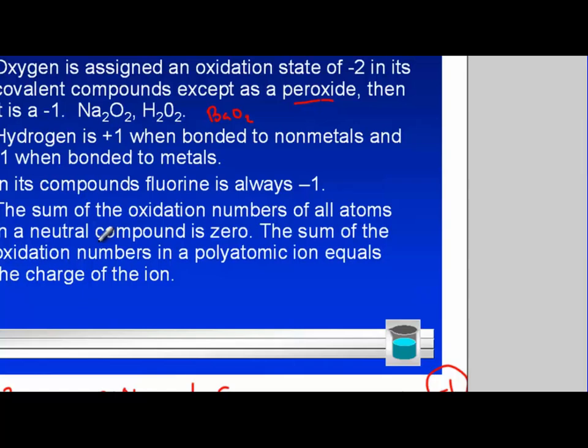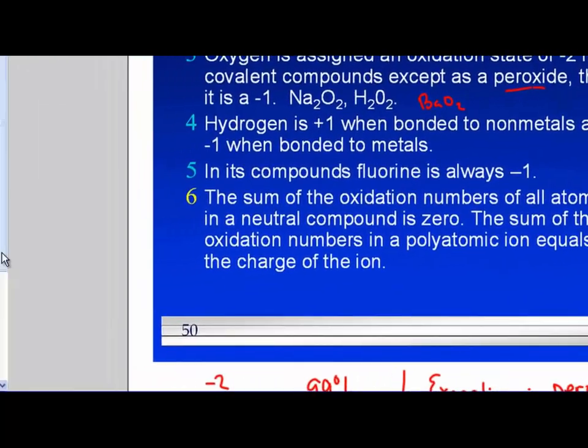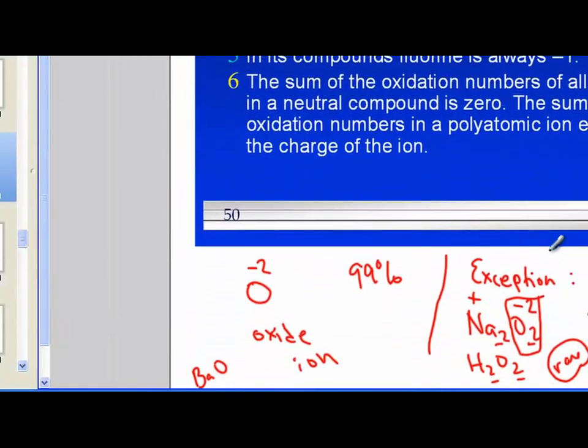Rule 4. Hydrogen is always assigned a +1 when bonded to a nonmetal and a -1 when bonded to metals. Another critical rule. Memorize. Let's discuss it to help it sink in.